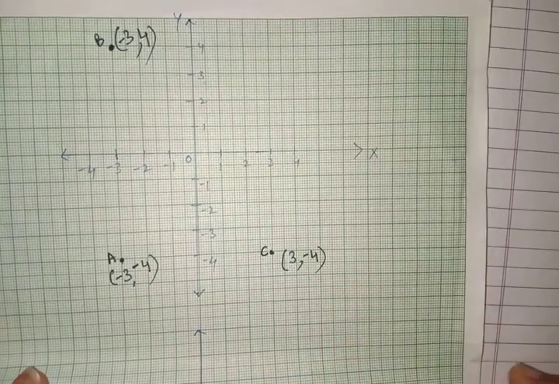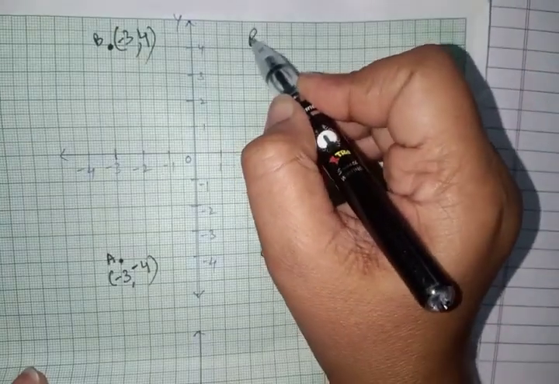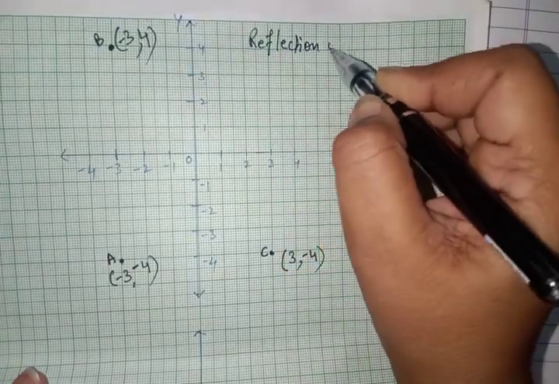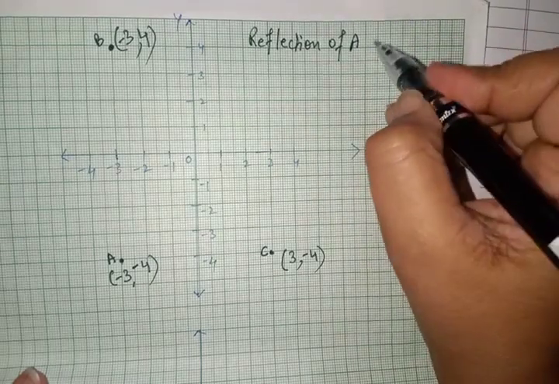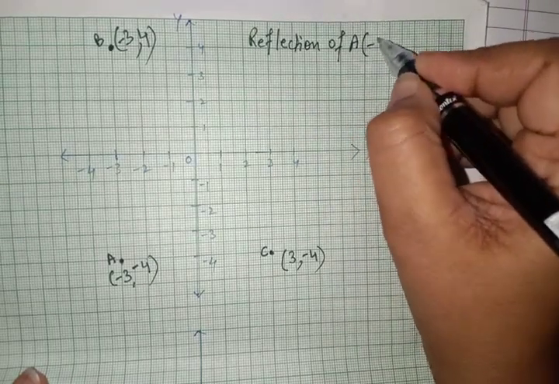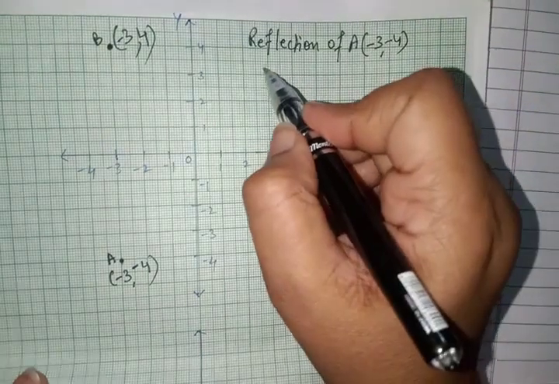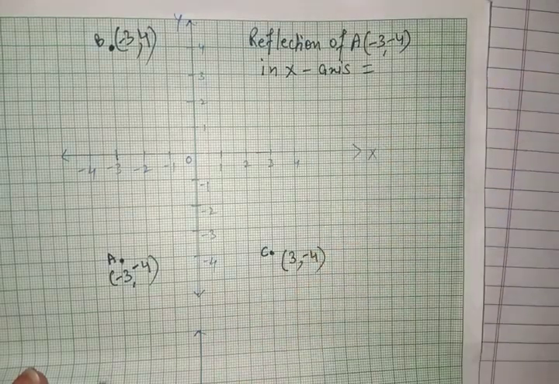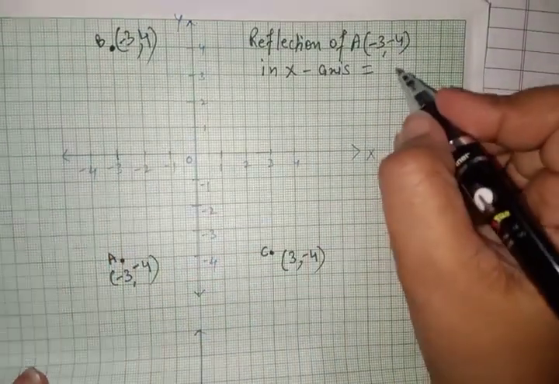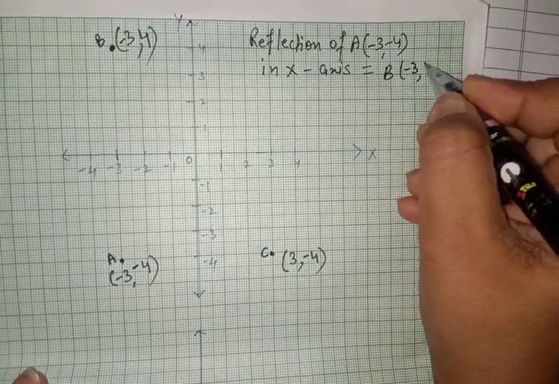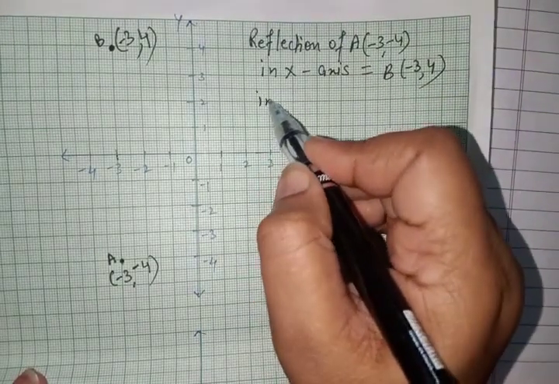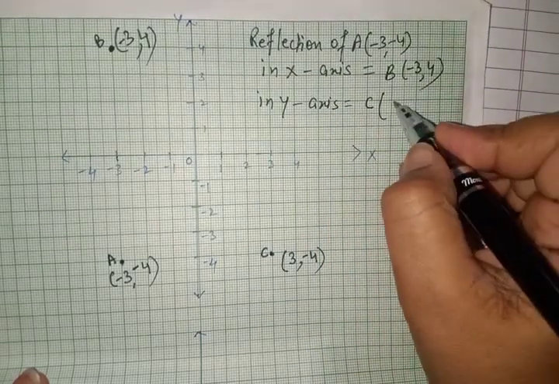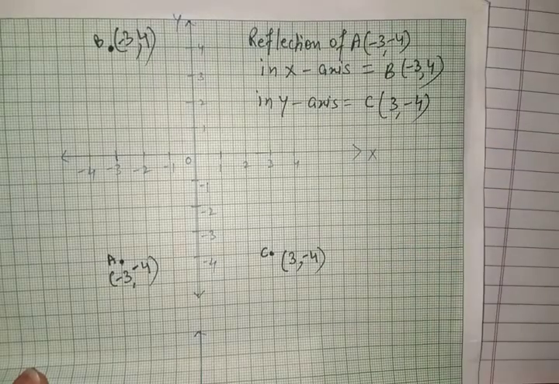So how can you write its answer in exam? You can write your answer on the graph itself. Reflection of A minus 3, minus 4 in x-axis is, when x-axis is a mirror, B minus 3, 4, and in y-axis it is C which is 3, minus 4.